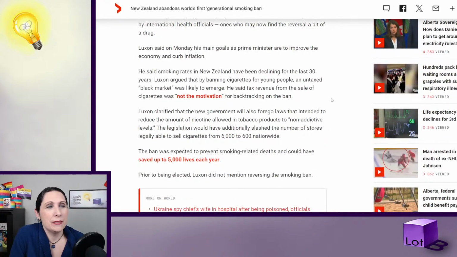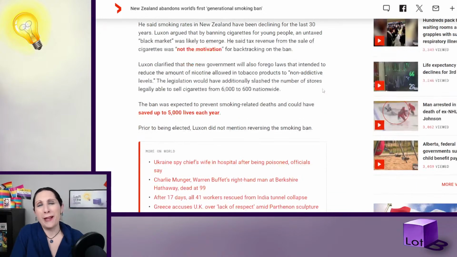Luxon said on Monday his main goals as Prime Minister are to improve the economy and curb inflation. Yeah. Make sure that your cigarette corporation buddies don't lose any money. He said smoking rates in New Zealand have been declining for the last 30 years. Luxon argued that banning cigarettes for young people, an untaxed black market was likely to emerge. He said tax revenue from sales of cigarettes was not the motivation for backtracking the plan.